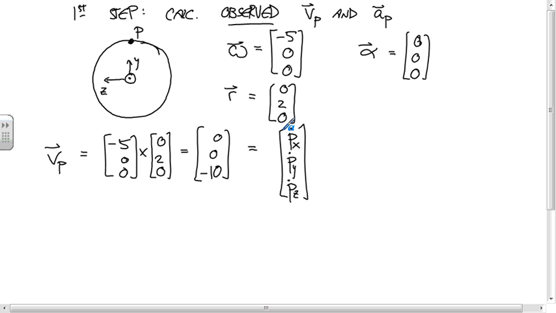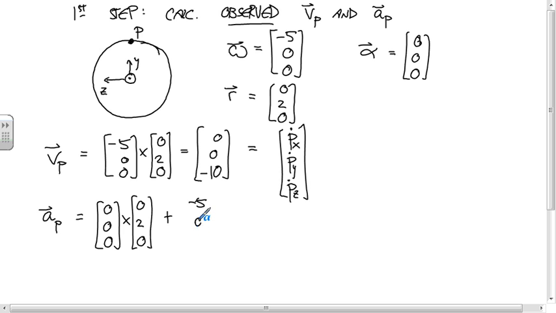Okay, and our acceleration. This is the acceleration observed by someone who's rotating with this coordinate system. That's going to be alpha crossed with r, so that goes away, plus negative 5, 0, 0, crossed with the quantity negative 5, 0, 0, cross 0, 2, 0.